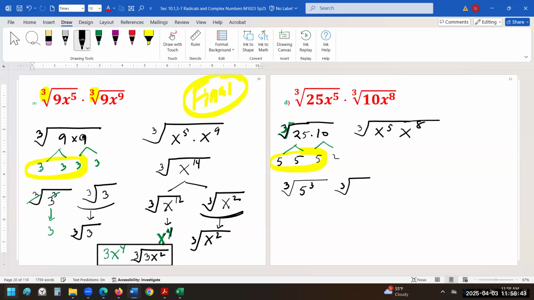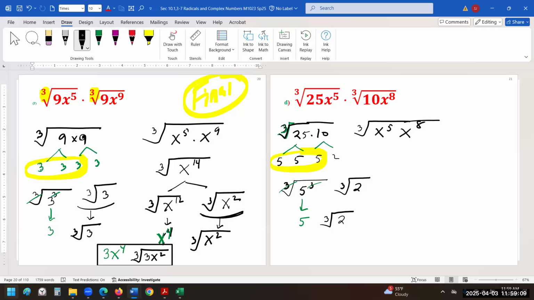And then what number is single alone? 2. What happens to the cube root and cube power? Cancel. So what remains? 5, which is free and happy. But this 2 is not happy because it's underage. It cannot leave the house.